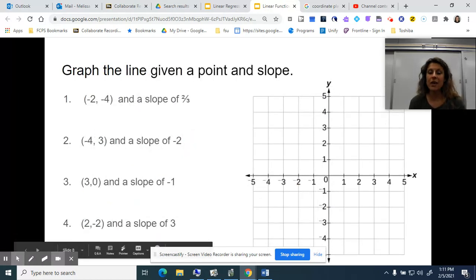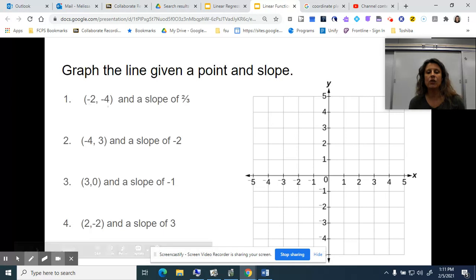Okay, we should also be able to graph a line, a linear function, from a point and the slope. A couple of examples. I'll put this first one in blue. We have the point (-2, -4). Let's go ahead and mark that on our graph first. The x value is -2, the y value is -4, so there's my point. We know the slope is 2/3.